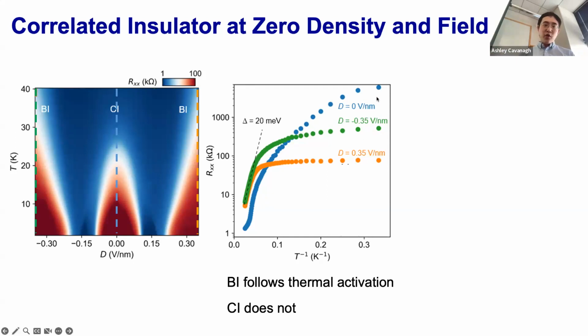But if you look at the correlated insulating state, at the lowest temperature, it is like 10 times more resistive than the band insulator state. But as you warm up the sample, that resistance in the CI state decreases so fast, it quickly becomes more conducting than the other 2 states.